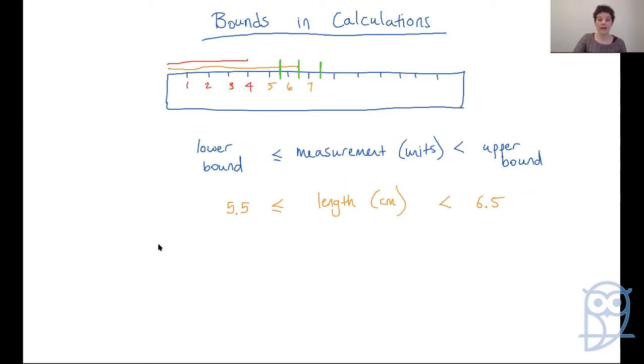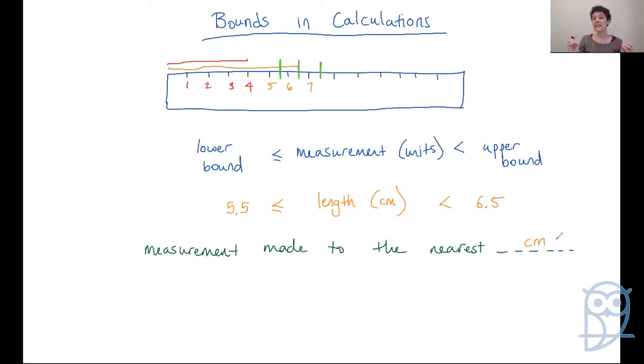We would have a measurement that is made to the nearest something. In our case with our orange line, it would be the nearest centimeter. It could be the nearest millimeter, kilogram, second, or hour.